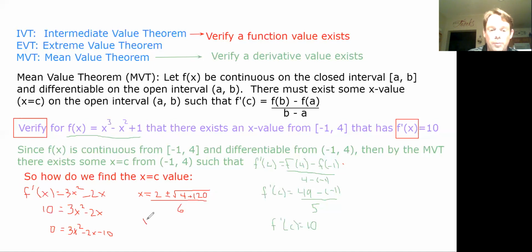And friends, when I plug this in, the two values I get, at least one of them, they don't both have to go in, but at least one of them better go in. So that's going to end up being a negative 1.5226 and 2.1893.